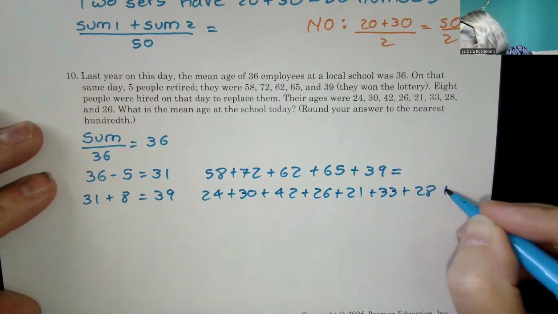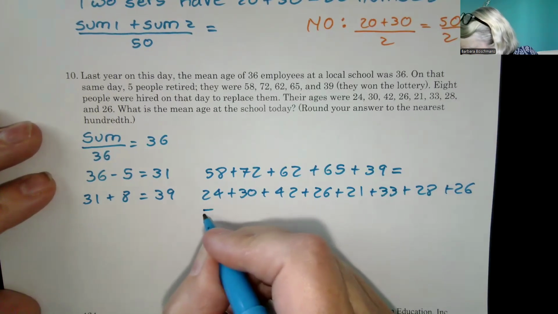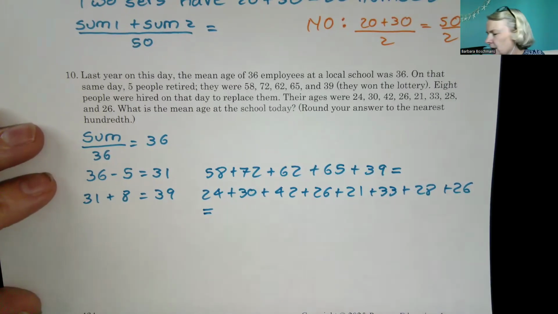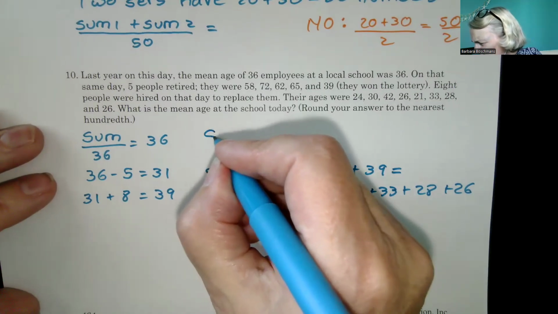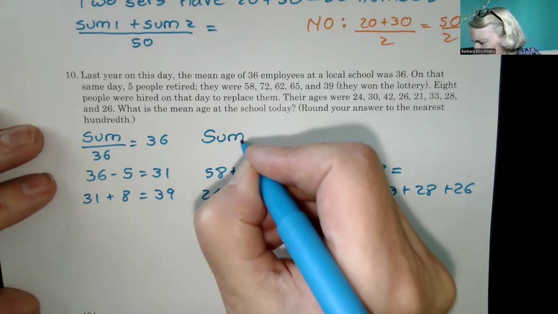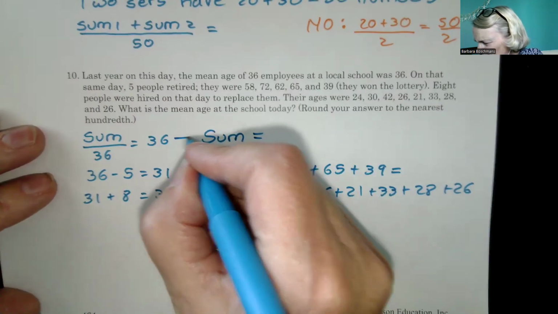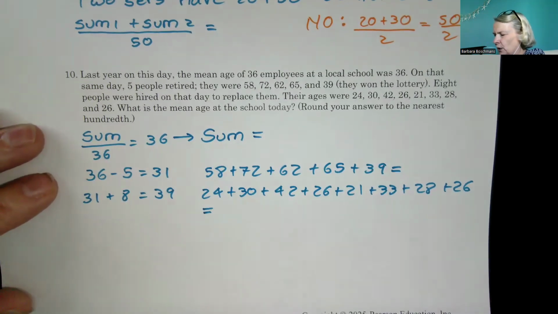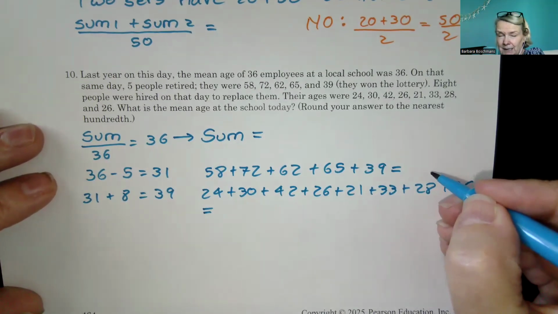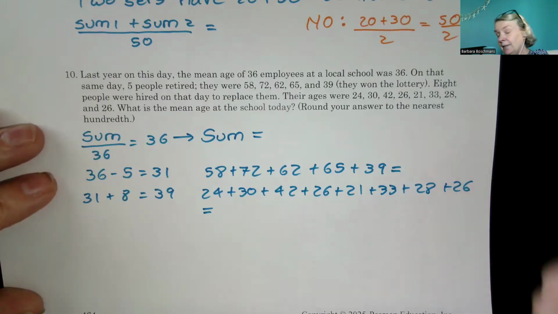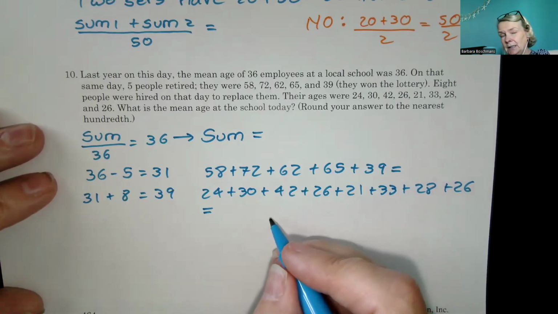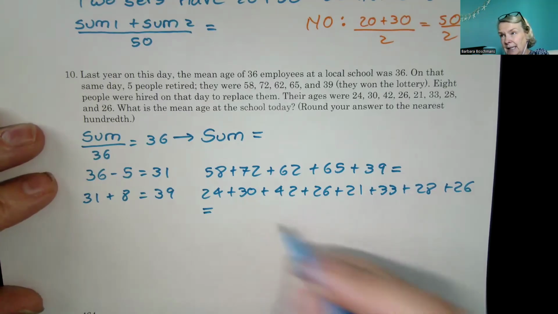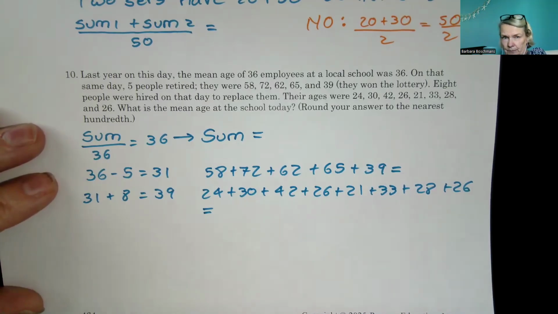Okay. So the first thing we're going to do is find this total sum up here from this equation. We are going to subtract the sum of the people that retired, and then we're going to add in the sum of the people that joined, the new people.